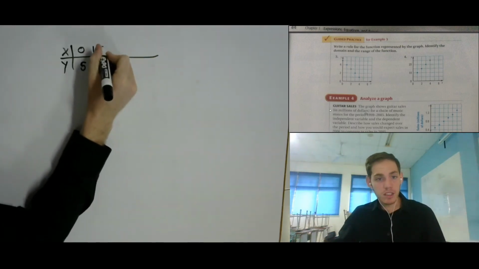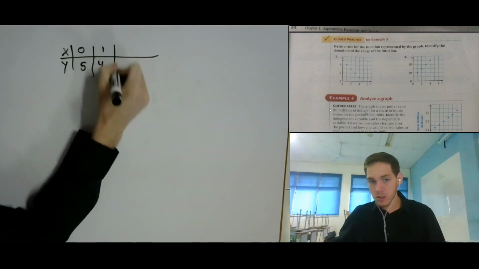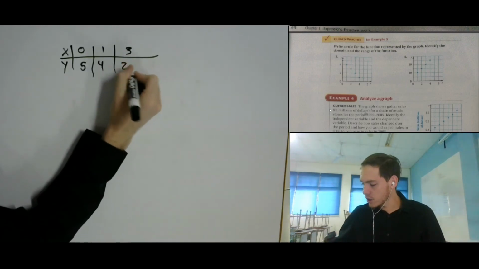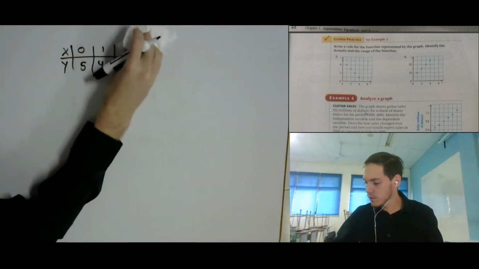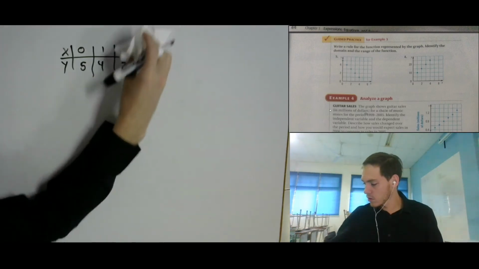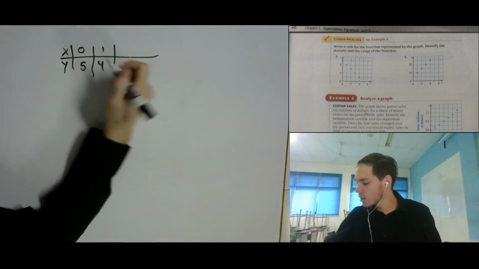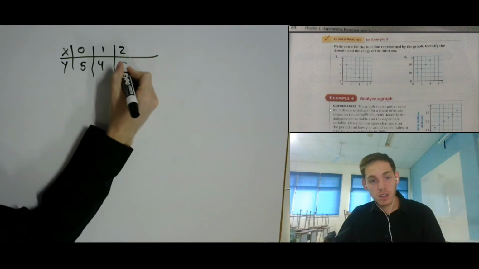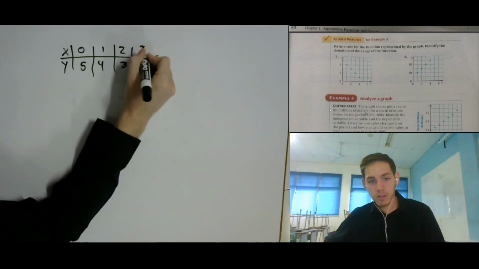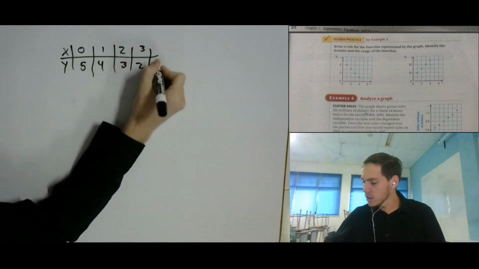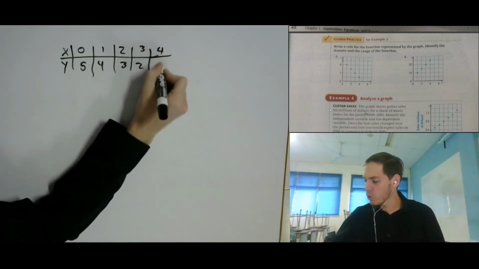Our second point is 1, 4. Our third point is 2. I skipped over a point. Our third point is 2, 3. Then we have 3, 2. Then we have 4, 1.